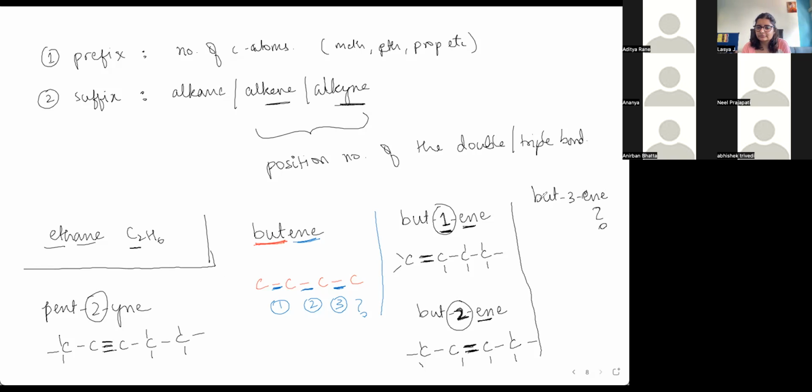Miss, will it be just butene only? Okay. Who else? Anybody else answering? But-3-ene, does this exist? No, ma'am. Why not, Aditya? Ma'am, because then it will be but-1-ene, because we count from one direction. Correct. So but-3-ene is not a valid compound.